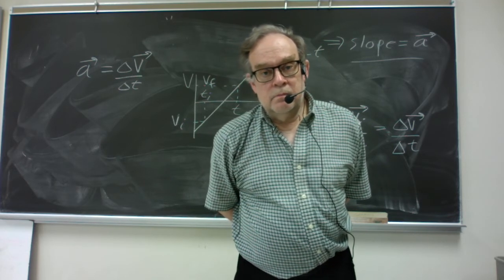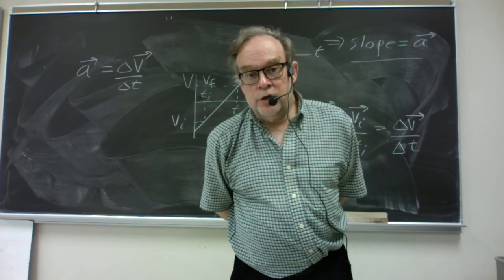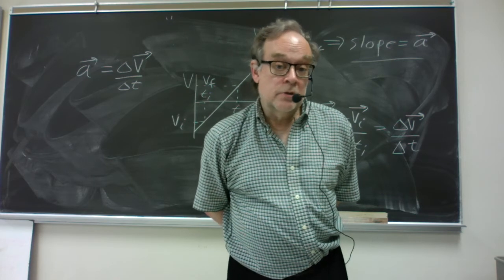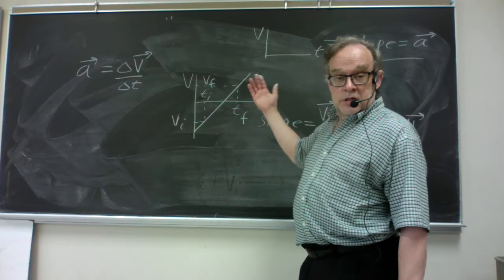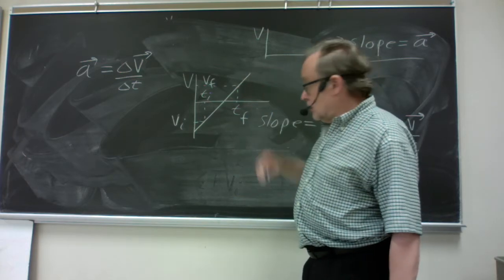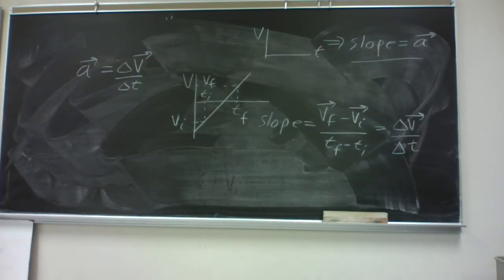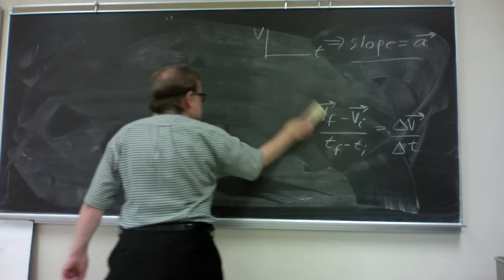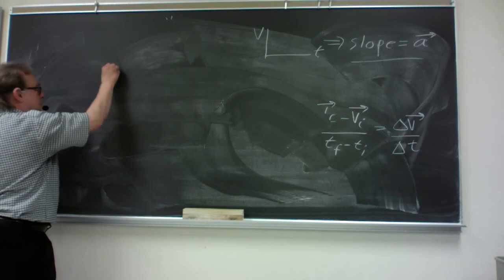Since acceleration is so similar to velocity, then we can do some of the same things graphically with acceleration that we did with velocity. On a velocity versus time graph, slopes are the accelerations. So, for example, here's a graph of changing velocity versus time.